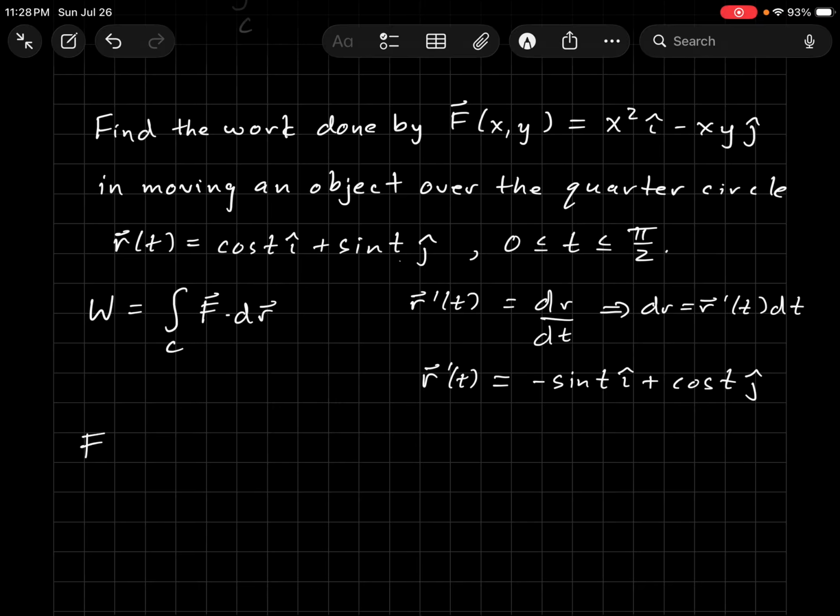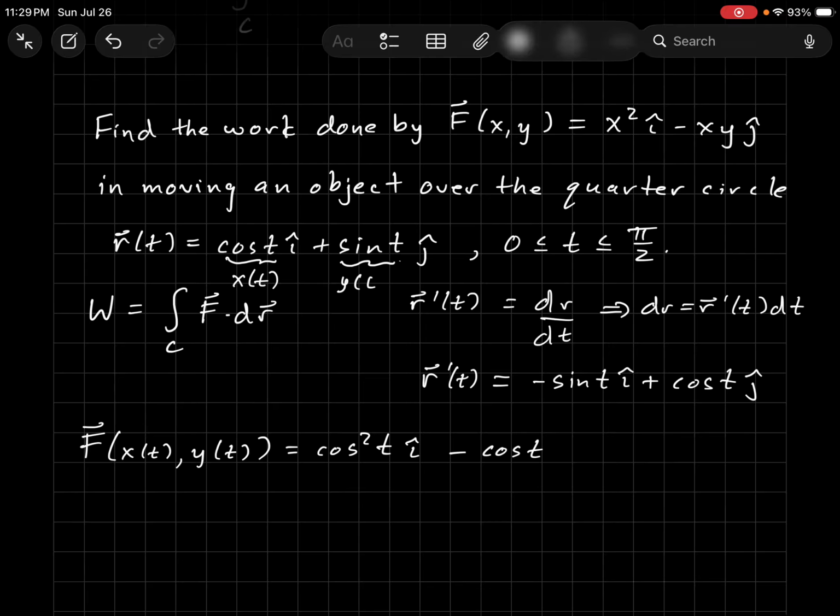Now our F vector, parameterized, is going to be x squared. Well, this is x of t, right? So cosine squared t i minus x, cosine t, times y, and of course this is our y of t right there, sine t, j.